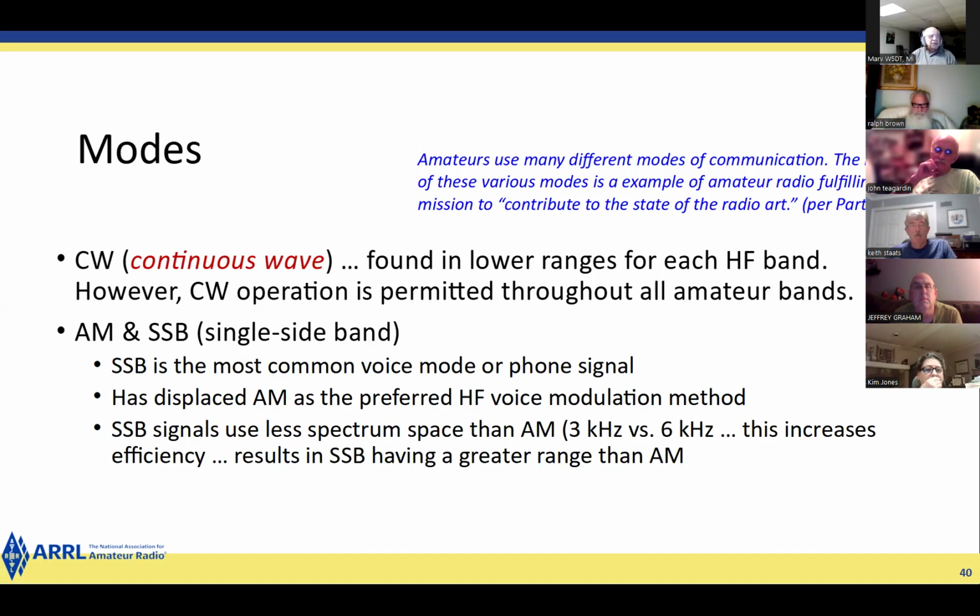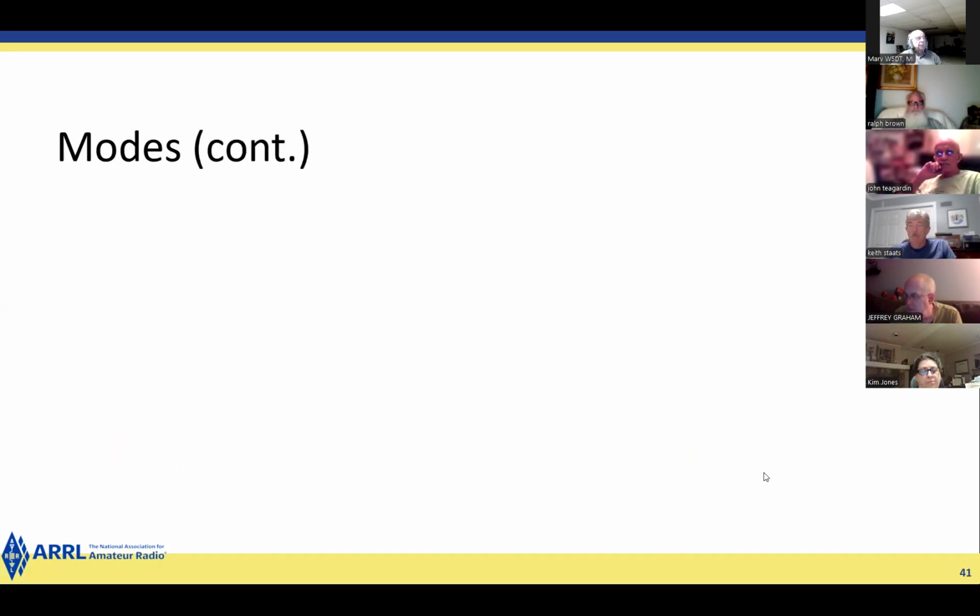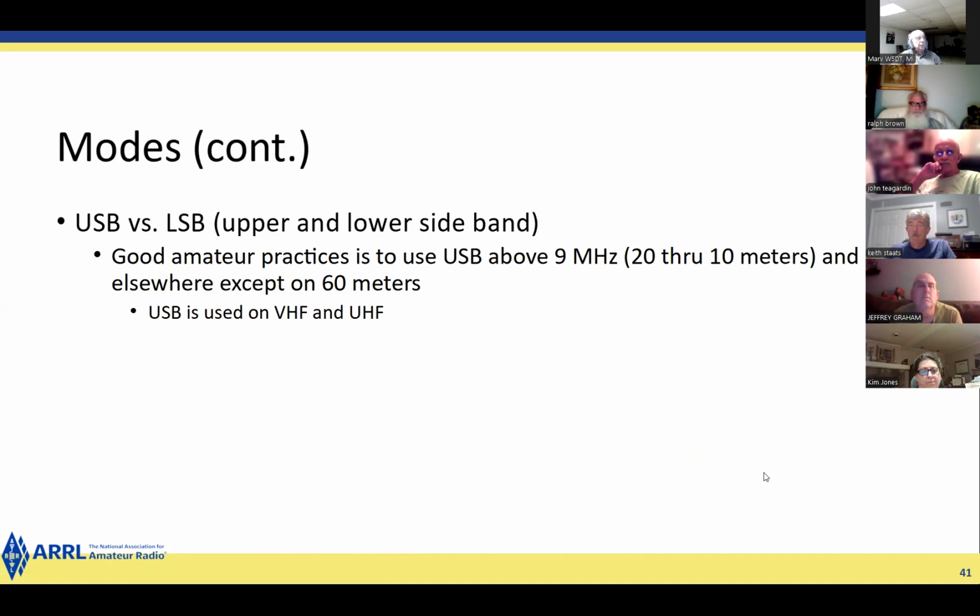And that's because it uses less spectrum space, and it results in it having a greater range than AM. So typically we use upper sideband from 20 to 10 meters and lower sideband everywhere else except on 60 meters.